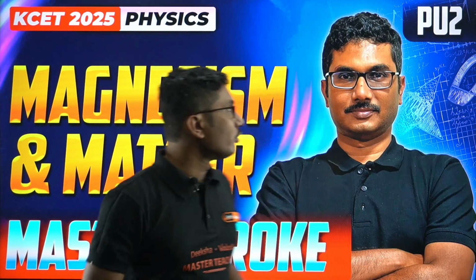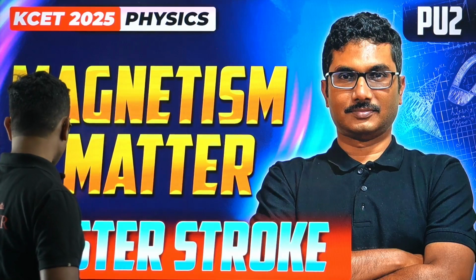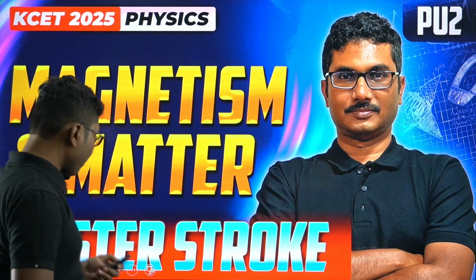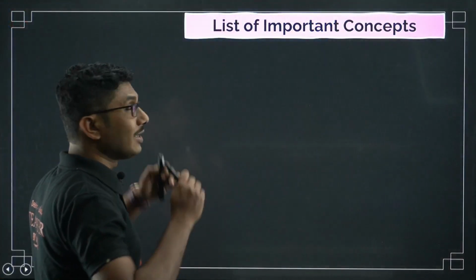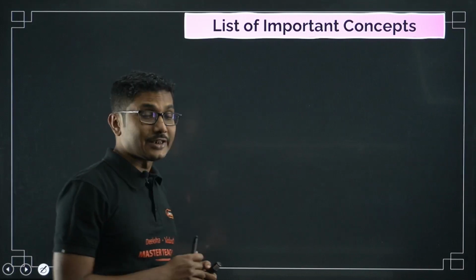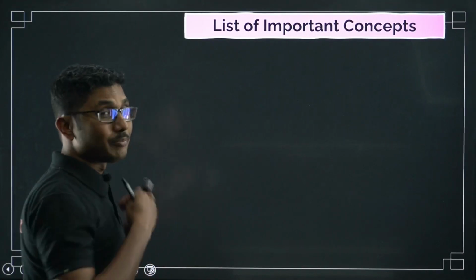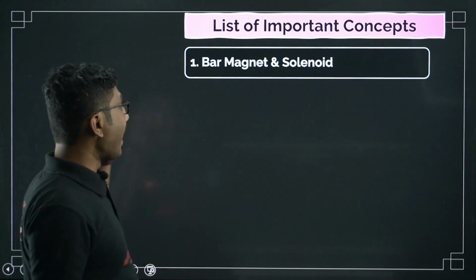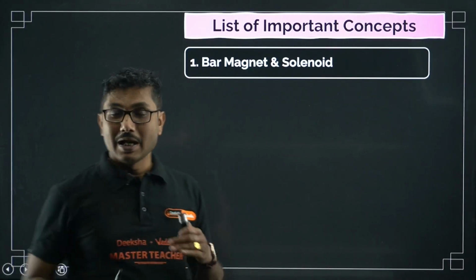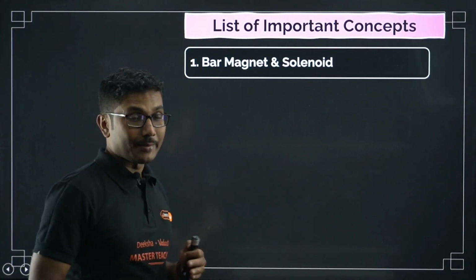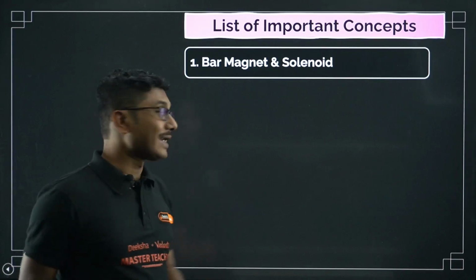So first let us look into the all important concepts from this chapter. If you are revising the chapter just before the exam, you have to definitely look through these important concepts. What are all those? Bar magnet and solenoid, the basic 2 types of magnets; a solenoid is basically an electromagnet.